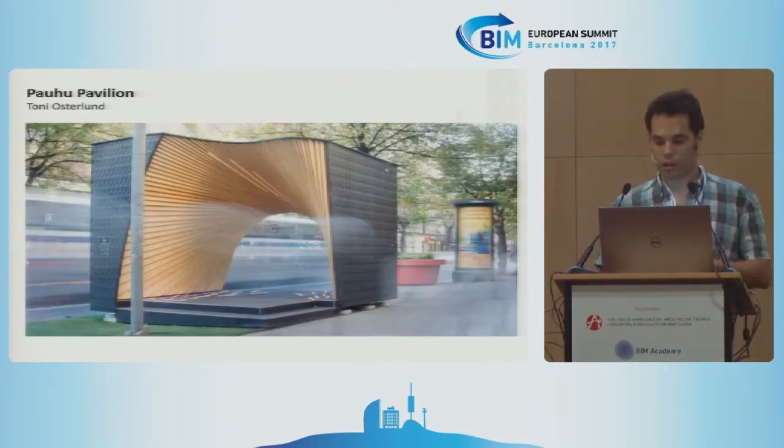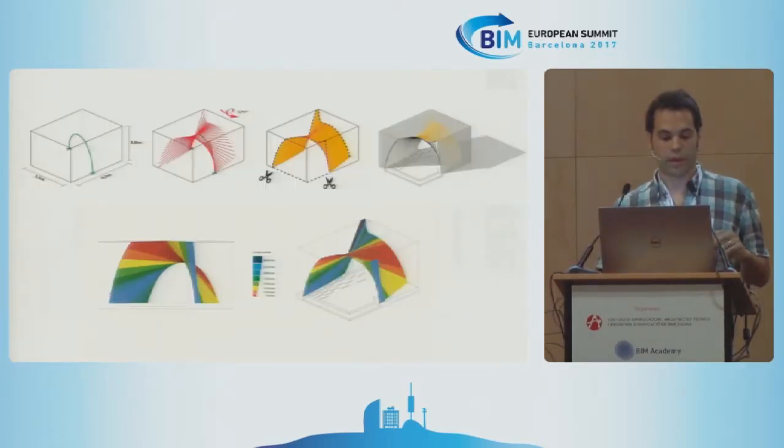Another example, changing the scale and the kind of project, this pavilion in Norway, which shows quite clearly the whole process from the design. Grasshopper is quite widely used in design.